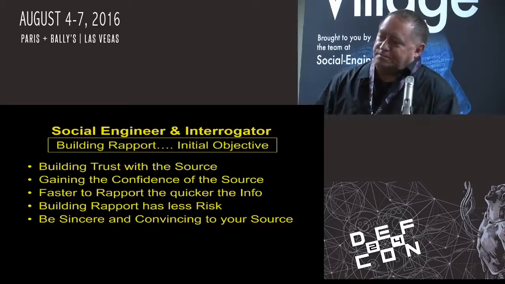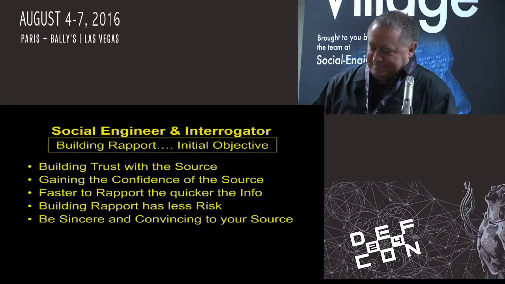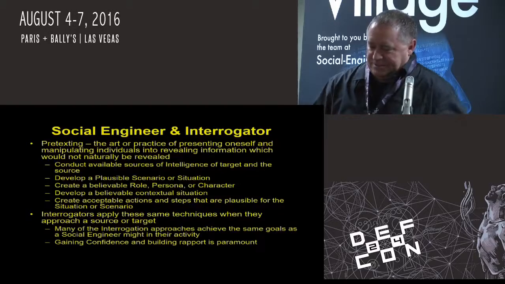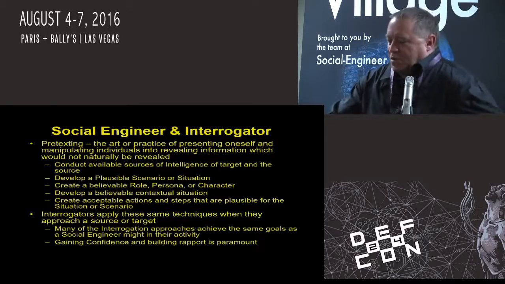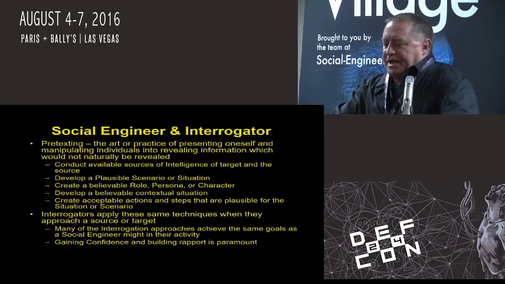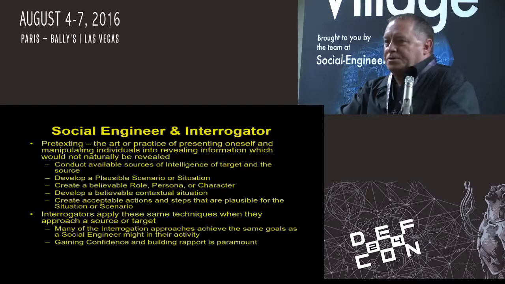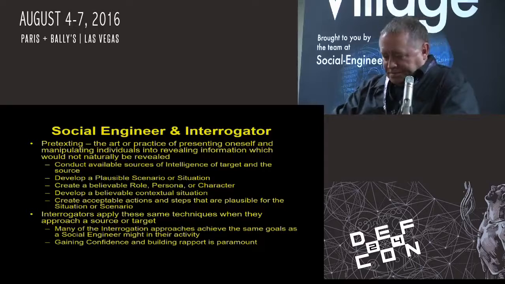So building rapport was really important. And being sincere and convincing. Of course, you all understand the pretexting portions of this: developing a scenario, doing your planning and prep and your recon, using as much open source information as you can, or using other steps to target people in order to accomplish what your overall goal is.